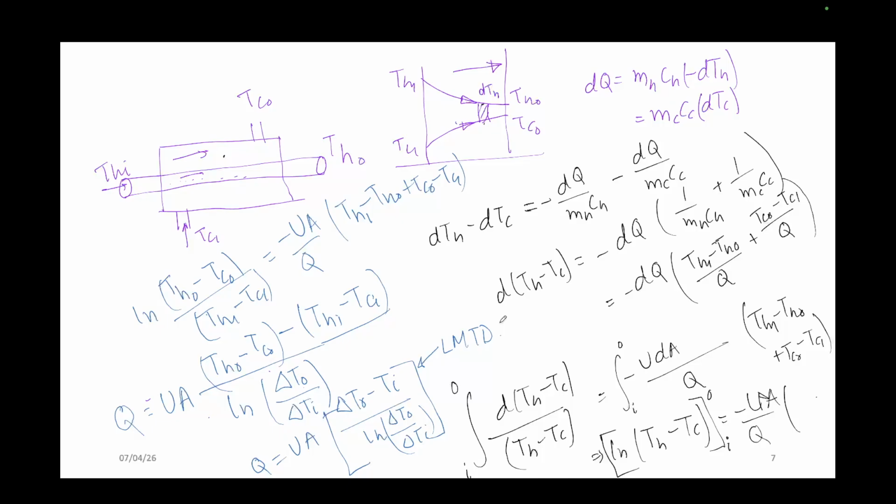Please remember this. It is not that someone can only write outlet minus inlet. If you write inlet minus outlet, then the top one is inlet and the bottom one is outlet. It depends on you which value you take, but remember this LMTD. So I think it is clear.